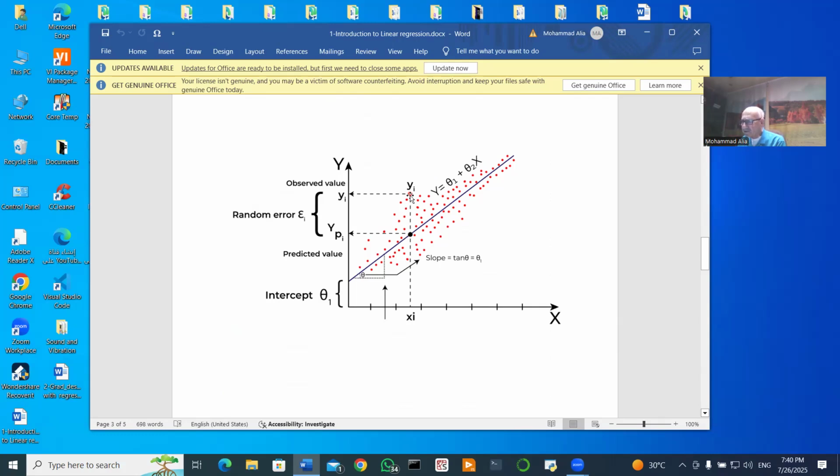But if we consider this point here and look downwards and find another point exactly here, we can see that there is sometimes a positive error, and sometimes a negative error, and we cannot take the sum of the errors directly. In order to be correct, we need to use the square of the errors.